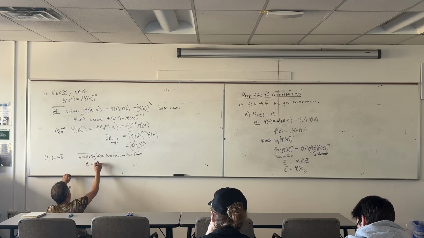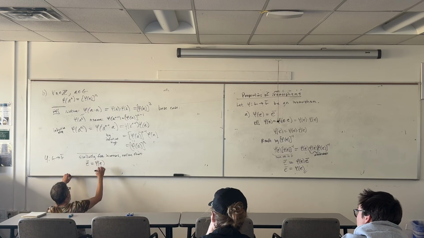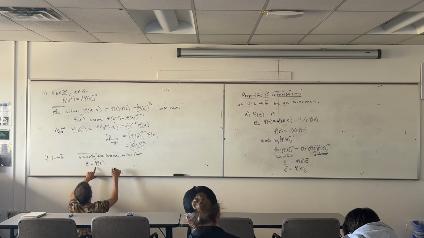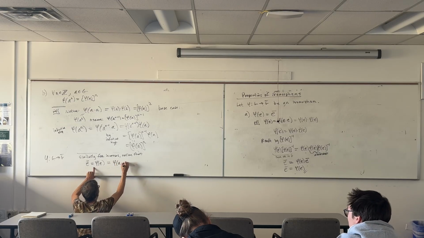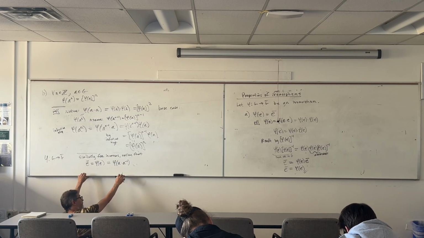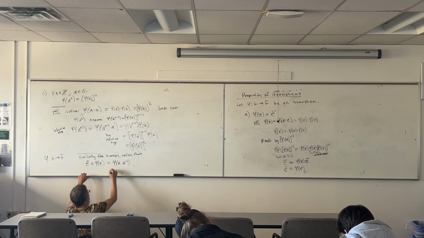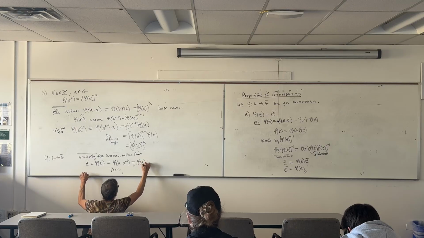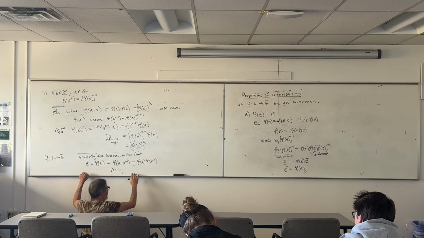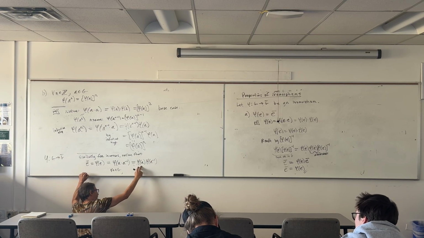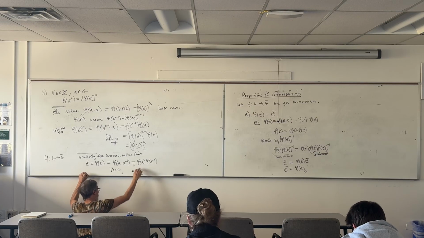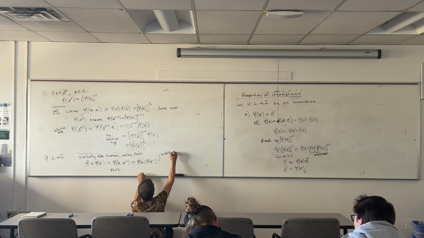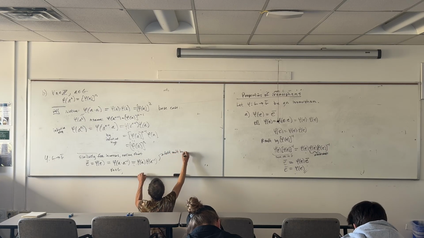E bar equals phi of E, and that's what we just proved up there, from A. And this is phi of A times A inverse, for all A in the group G. And by the preservation of group products, this is this, and left multiplied by phi of A inverse.